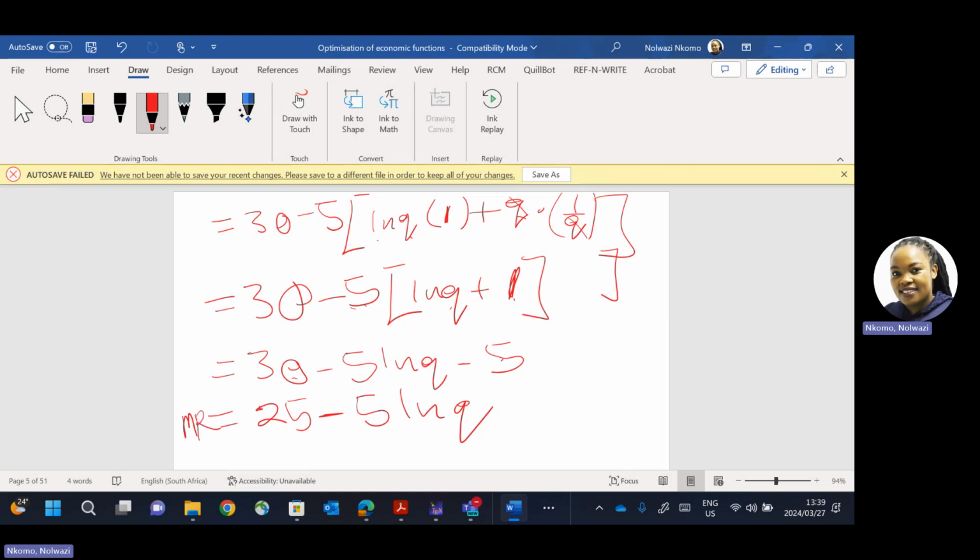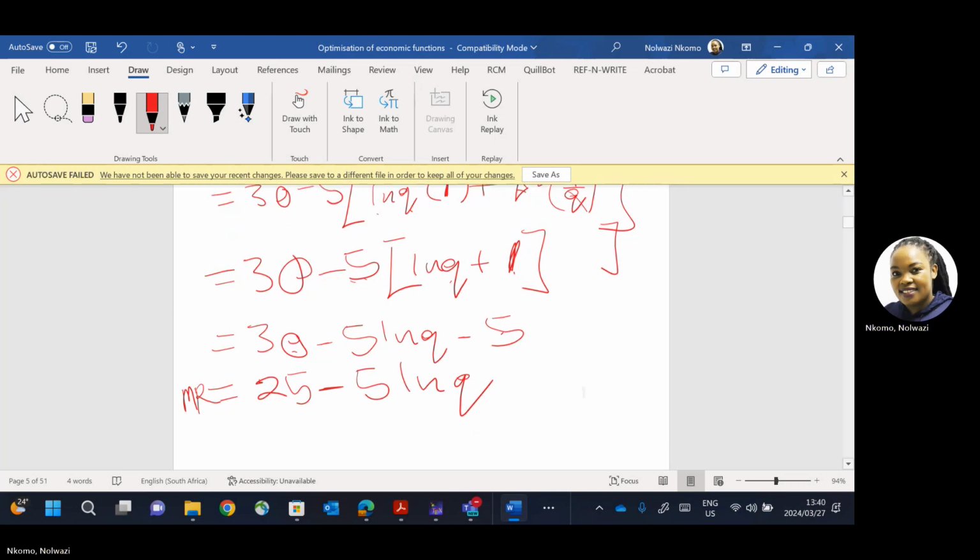But we are not looking for the marginal revenue. We want to find Q, the quantity, the turning point of the total revenue. And the turning point of the total revenue is when the marginal revenue is equal to 0. Okay.